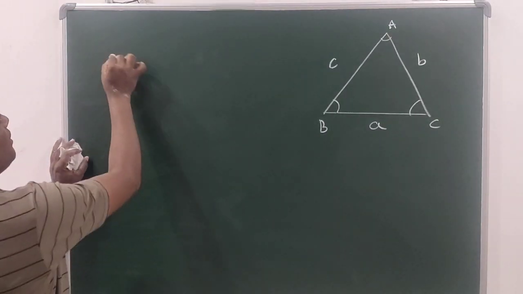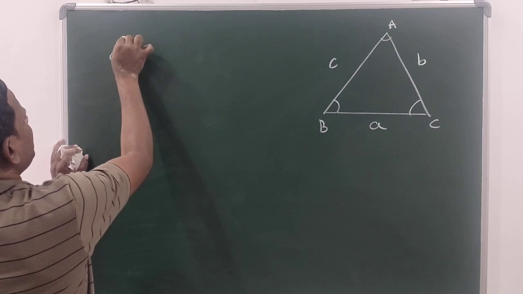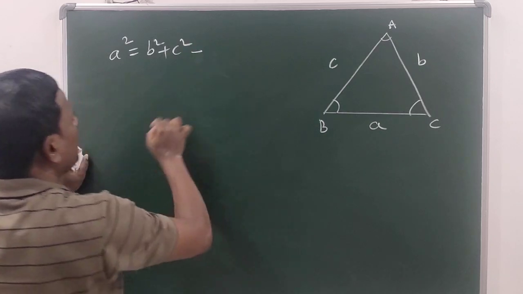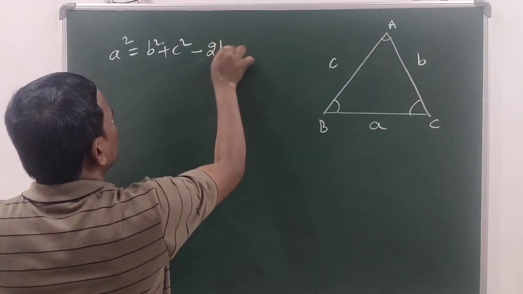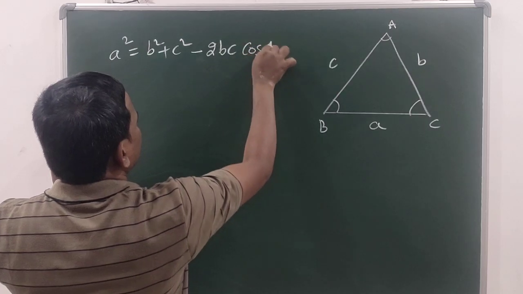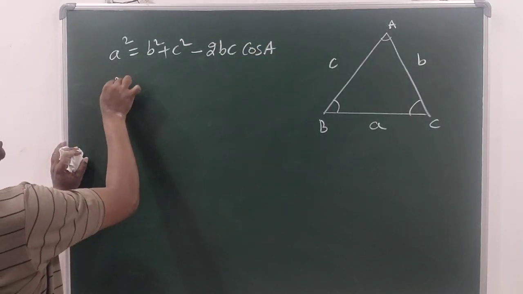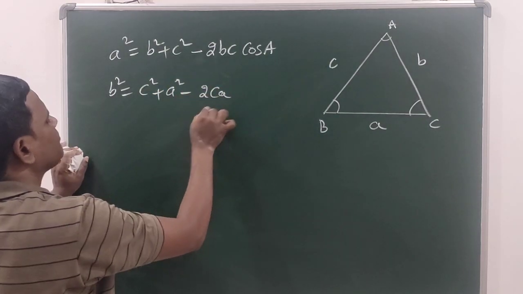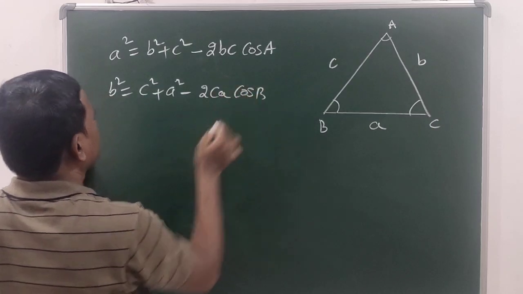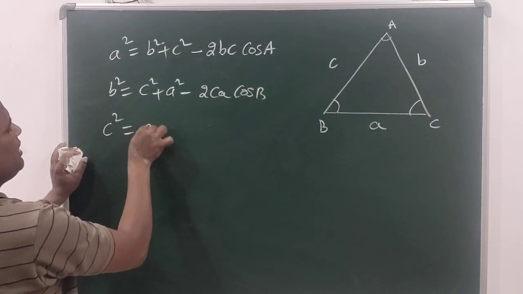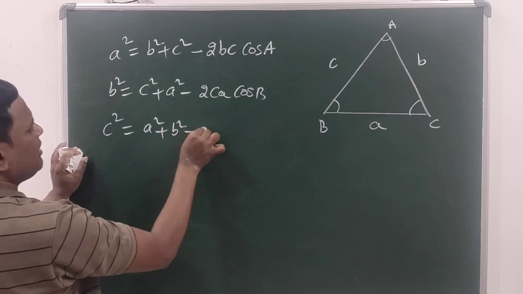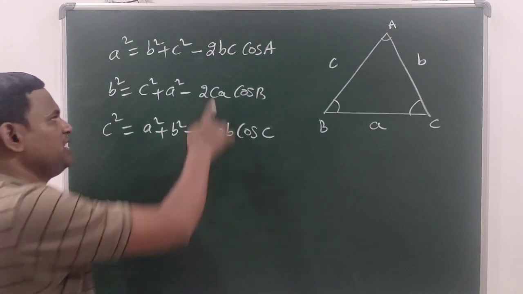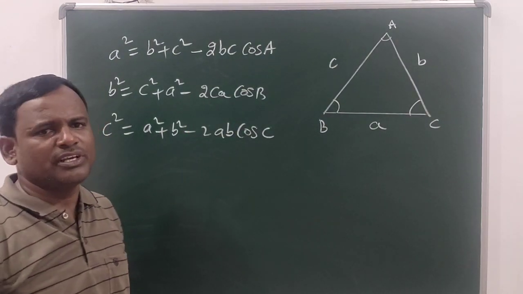Now see the cosine rules. a square is equal to b square plus c square minus 2bc cos A. Now b square is equal to c square plus a square minus 2ca cos B. Now c square is equal to a square plus b square minus 2ab cos C. So these three are known as cosine rules.